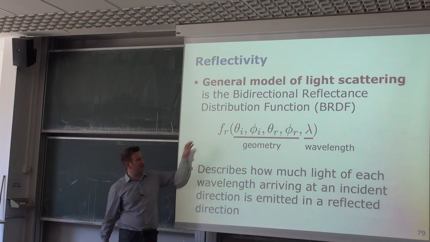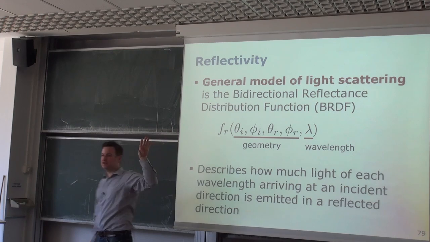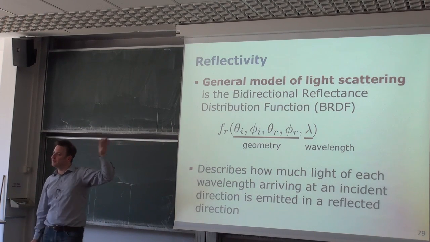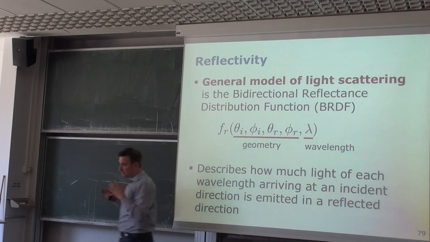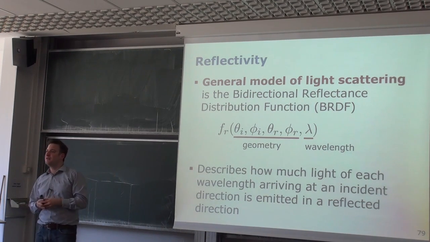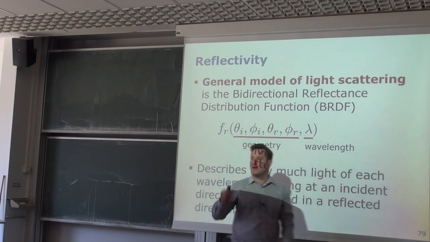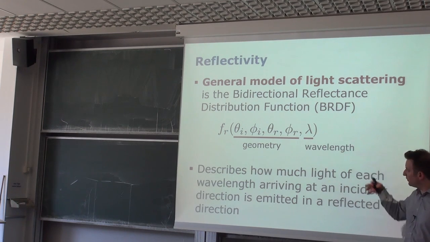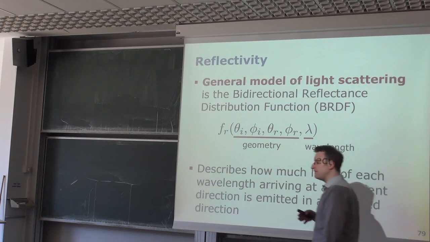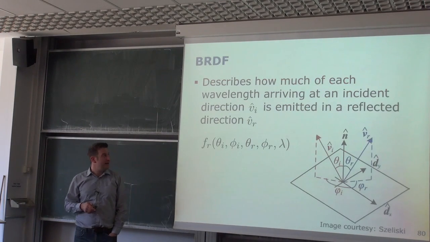And this is something which is extremely essential in any, for example, computer graphics application if you want to render a scene. So for every material I need to describe, or at least if I want to get good results, the BRDF function of the corresponding materials, which describes how the light is actually reflected. Because this generates the intensity of light that I actually will see from my camera or my virtual camera.